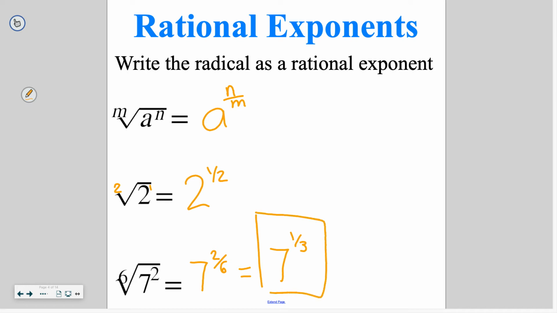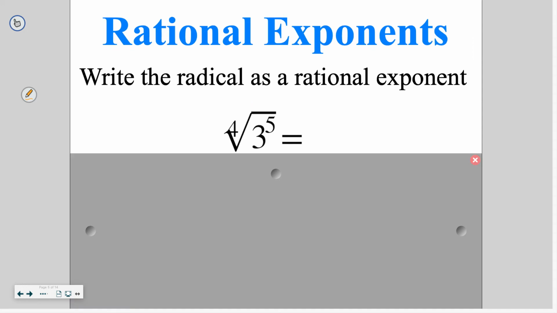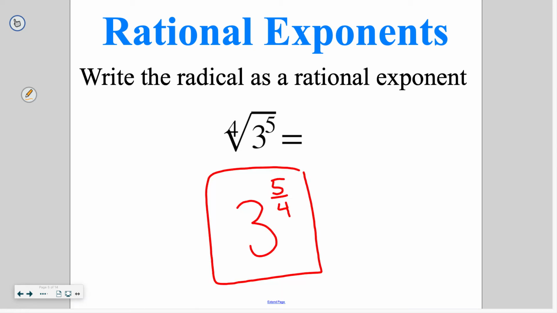If you ever end up with a fraction as the exponent that can be reduced, you always want to make sure you reduce that down to its simplest possible form. Go ahead and try this one on your own, writing the radical as a rational exponent. We end up with 3 to the 5/4 power.